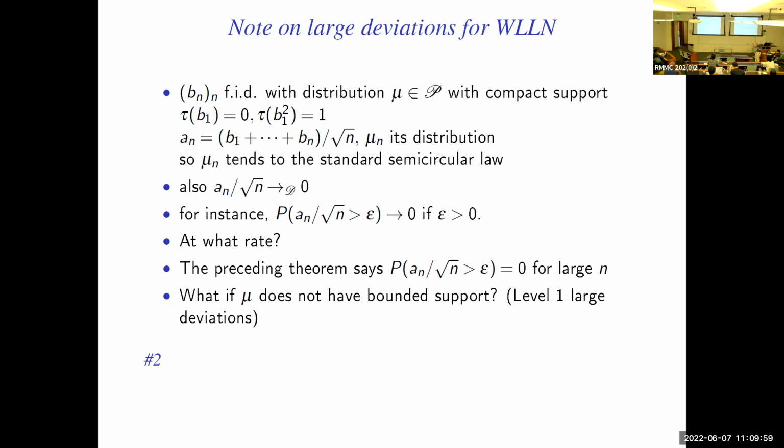So one should be able to estimate this kind of thing, and I don't know that anybody knows it. It should be better than exponential. There should again be some kind of entropy functional that tells you at what rate this goes to 0. If the support is bounded, then the entropy is infinite, so there's nothing you can say about that.